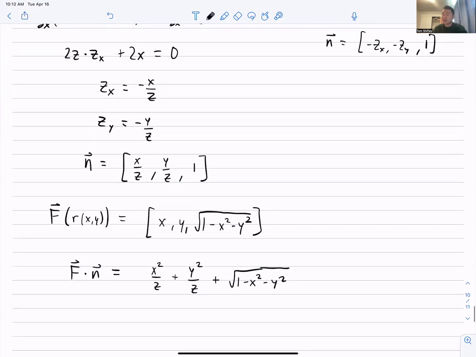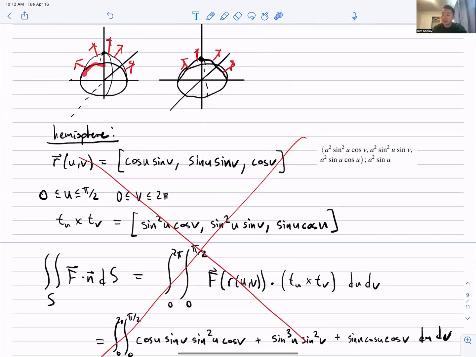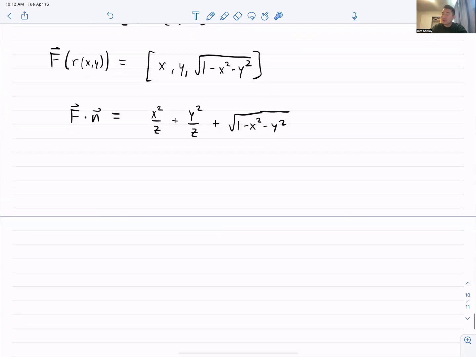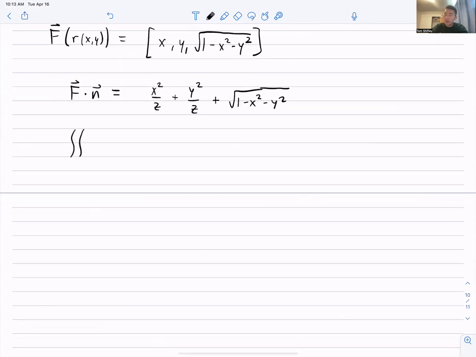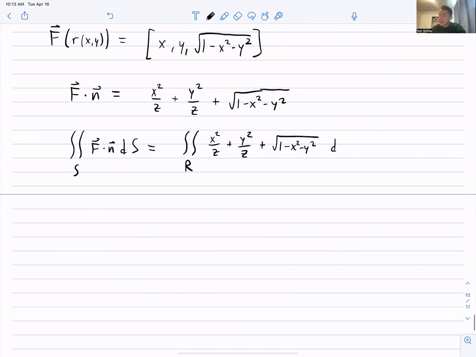And then the x and y's for which this is true are the x and y's in the unit circle, because that's the projection down here. And so the double integral over this surface of f dot n dS is going to be instead the double integral over the projection of this dot product, which is x squared over z plus y squared over z plus the square root of 1 minus x squared minus y squared, dA.